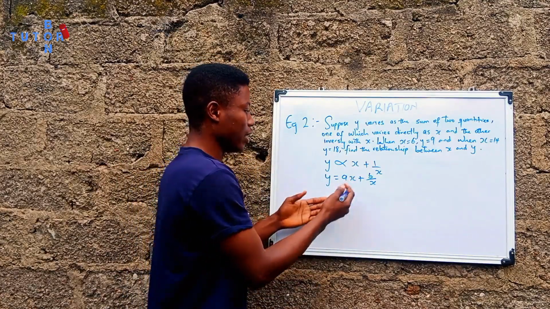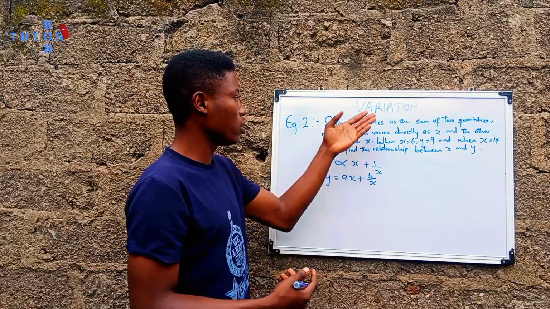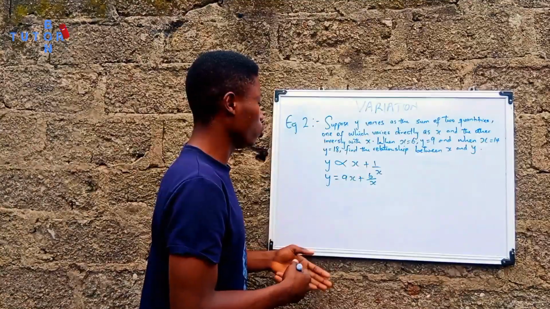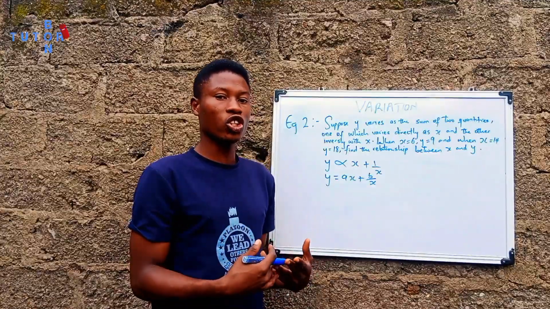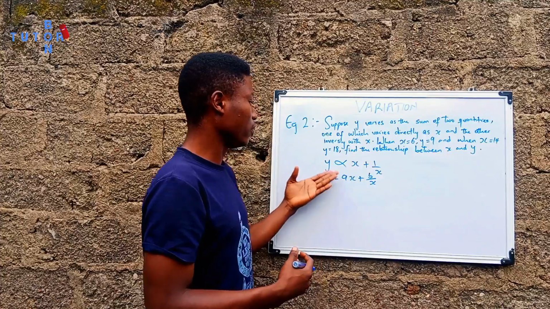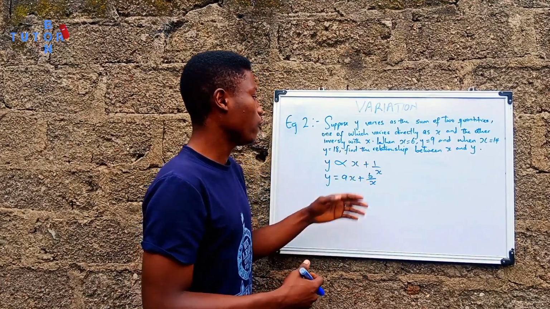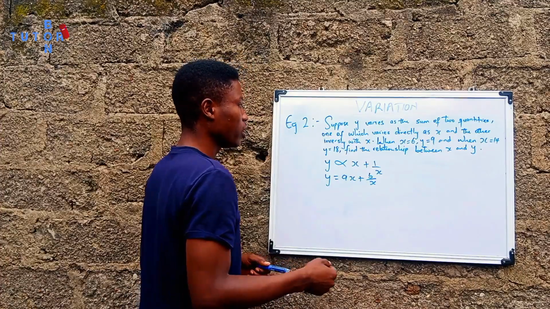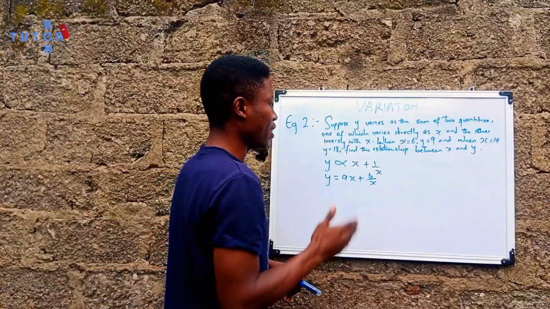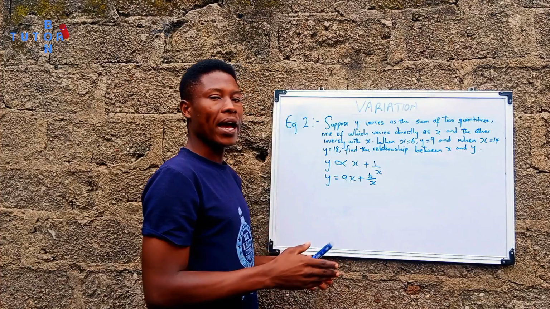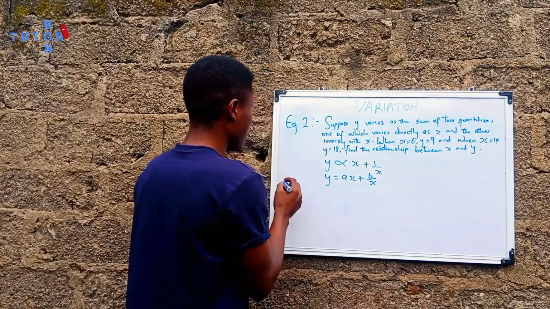And from here now, you can start substituting the values that are being given to you, for you to be able to derive the equation you will be needing for finding the relationship between y and x. The first value says when x equals 6, y equals 9. Let's start from here.